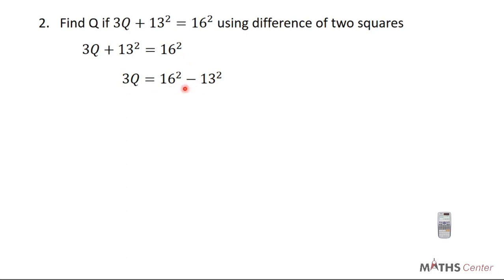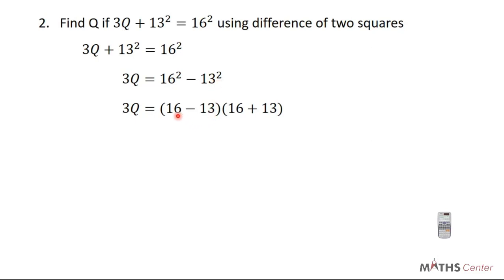Now you can see from the right hand side that 16 squared minus 13 squared is a difference of two squares. 16 is the first term, it's a square. 13 is the second term, it's also a square. They are being separated by a negative sign. So 16 squared minus 13 squared qualifies as a difference of two squares.